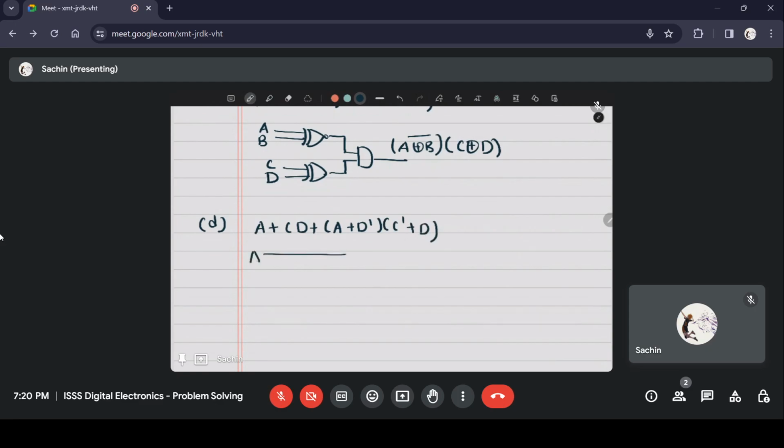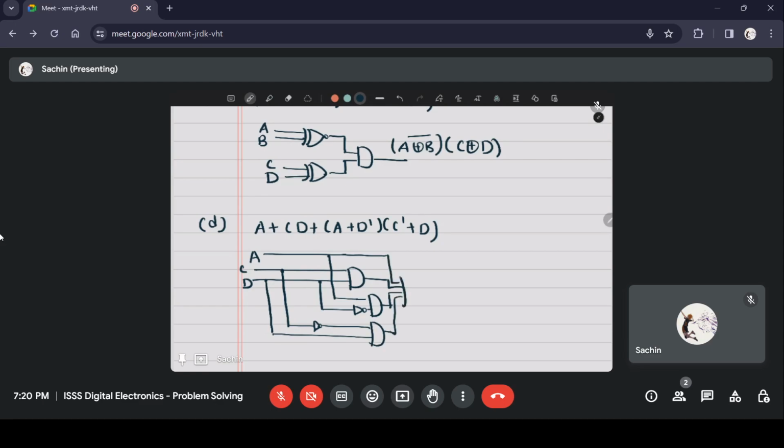You got A, you have CD, you have A plus D bar, C bar plus D, all together, A plus CD, and these two should have been OR gates.